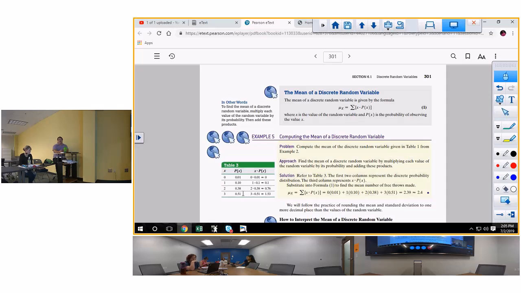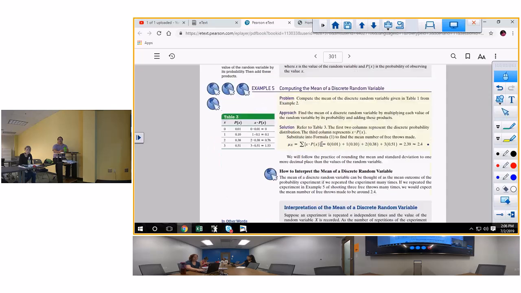So what does it mean when you get the mean? Well, it says find the mean number of free throws made. So given just the number of free throws and the probability, how many free throws are going to be made? 2.4. 2.4 doesn't mean anything as far as free throws.